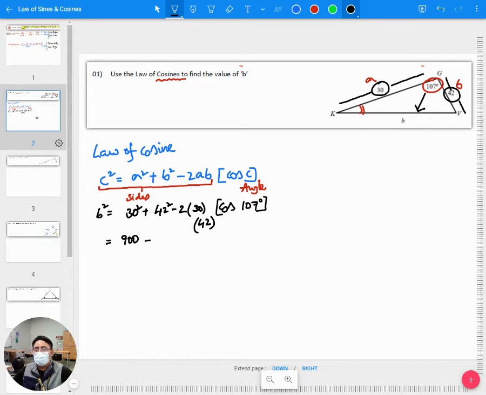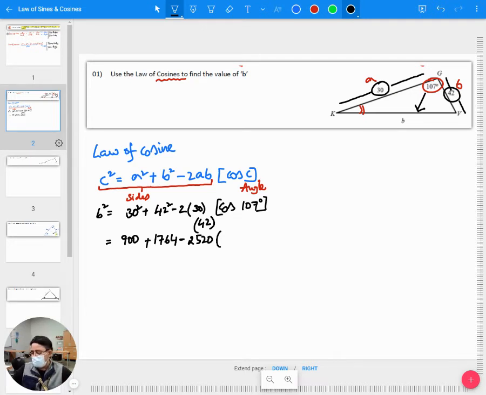That is 900. 42 times 42 is 1764. Minus 2 times 30 times 42 gives me 2520, multiplied by cos 107 degrees.